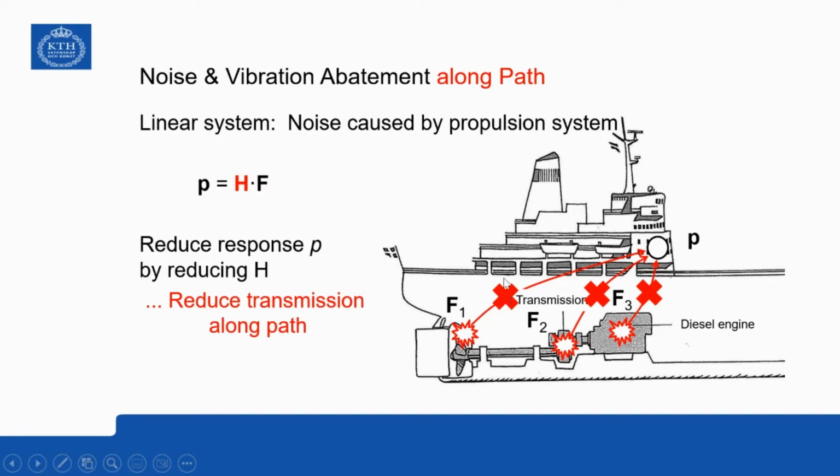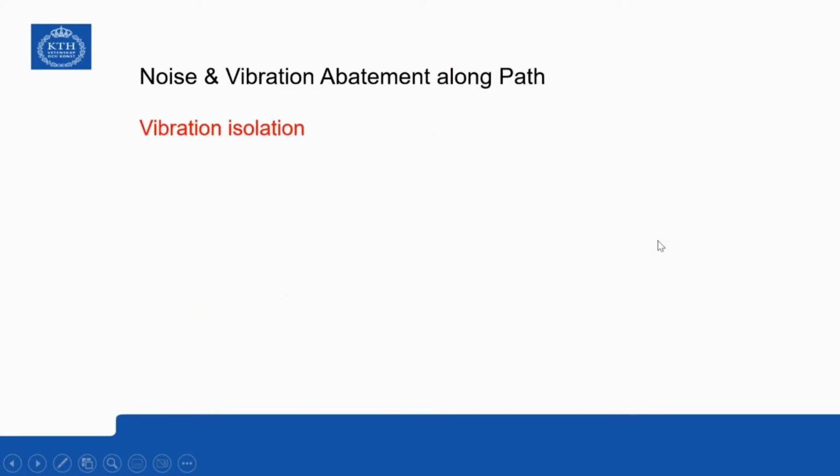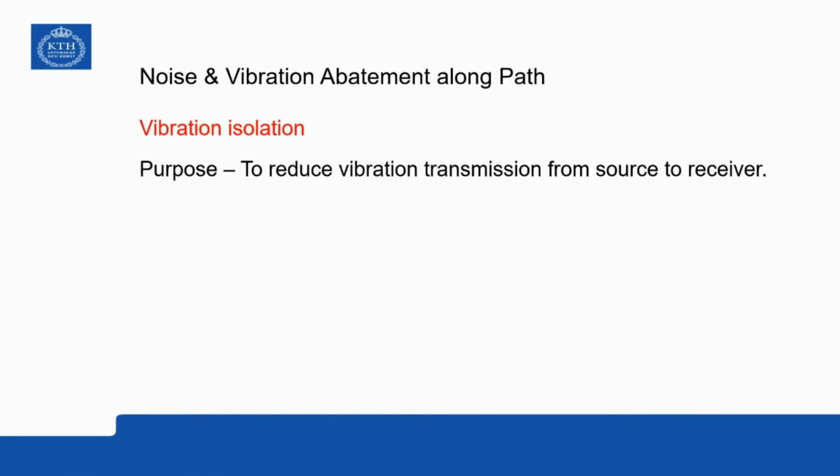So we have now the task to investigate what the influence is when we try to reduce the transmission along the different paths between the sources and the receiver. One way to do this is to use vibration isolation.